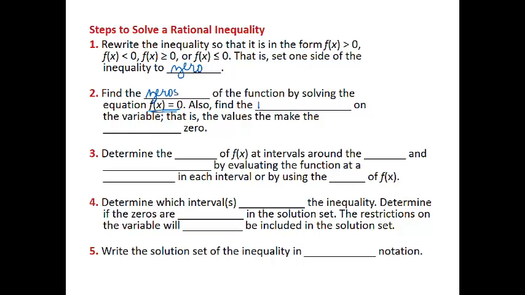Also, we find the restrictions on the variable, that is, the values that make the denominator 0. Again, these numbers are called boundary numbers.